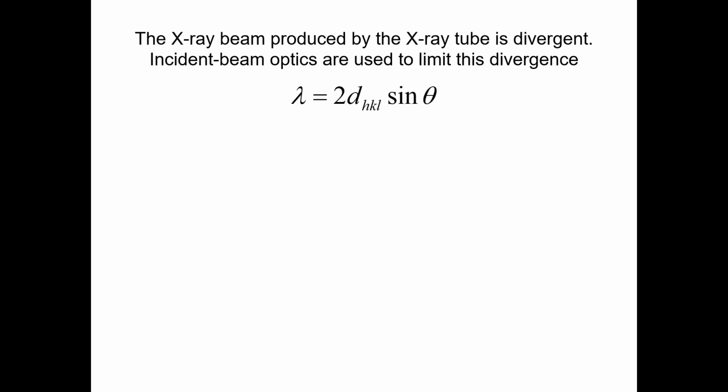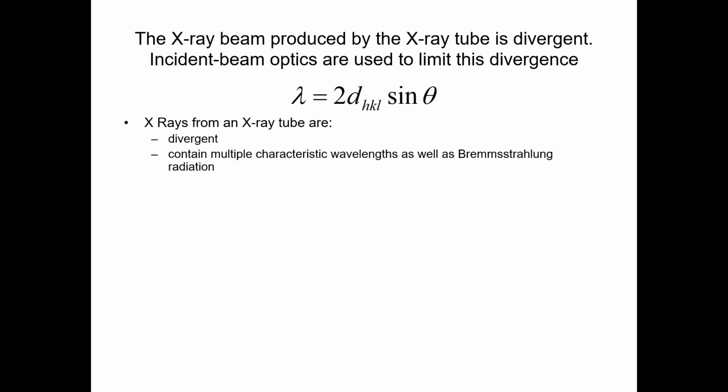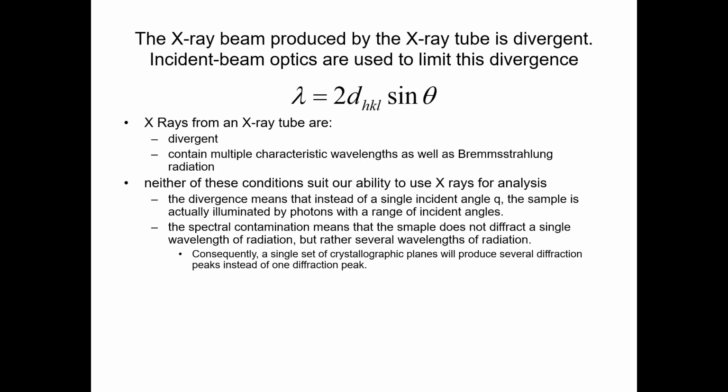The X-ray beam produced by the X-ray tube is divergent. The incident beam optics are used to limit this divergence according to the relation lambda equals 2d sine theta. X-rays from an X-ray tube are divergent and contain multiple characteristic wavelengths as well as Bremsstrahlung radiation.